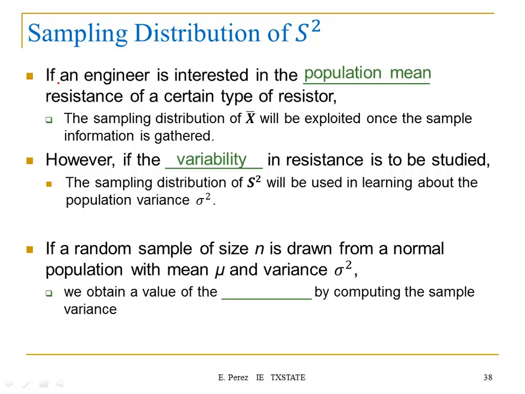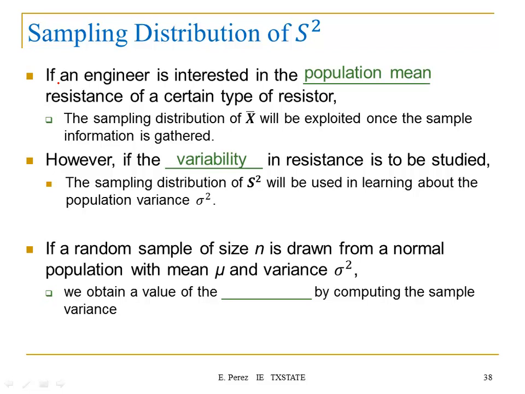So this depends on what type of statistic you are interested in studying based on your experiment. If it's important to get more information about the mean, because most decisions are going to be based on that figure, then you can exploit the sampling distribution for the mean. But sometimes it's the variability that's more important. For those cases, we can exploit the sampling distributions for the variance.